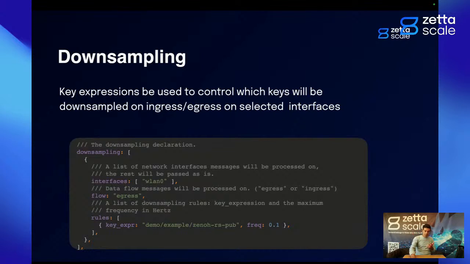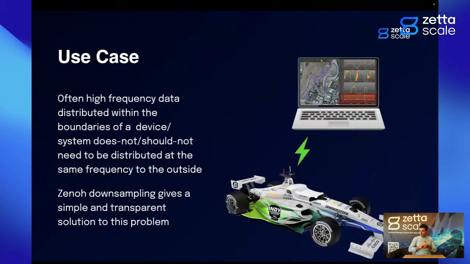So when would you use these kinds of things? Let me give you an example in which this is used quite often. Imagine you have a robot, you have a car, a subsystem. I mean, whatever that is, in which you find yourself having high frequency data that needs to be distributed at that high frequency within the boundaries of your devices.